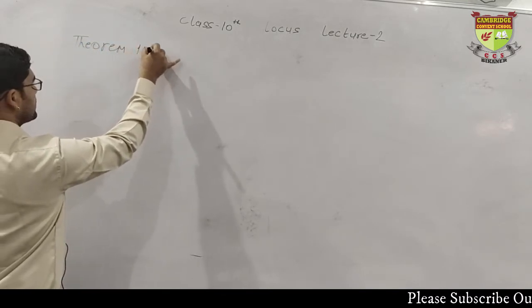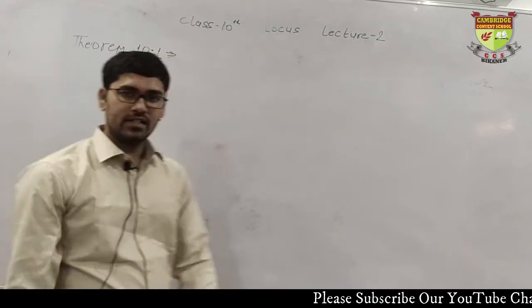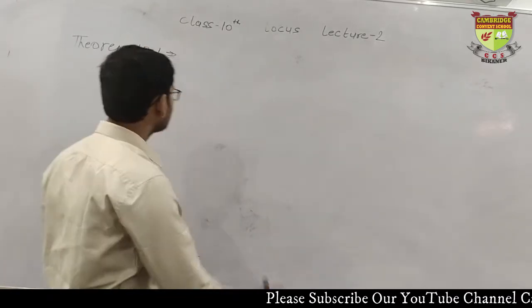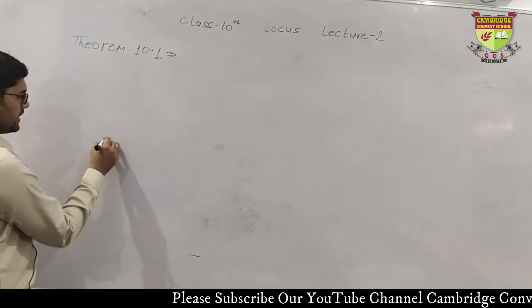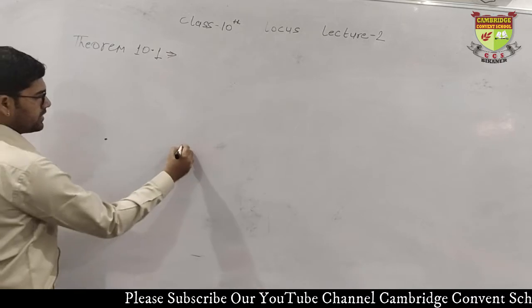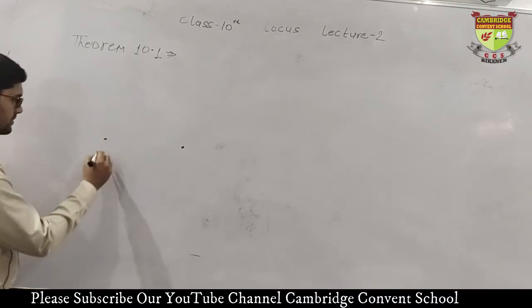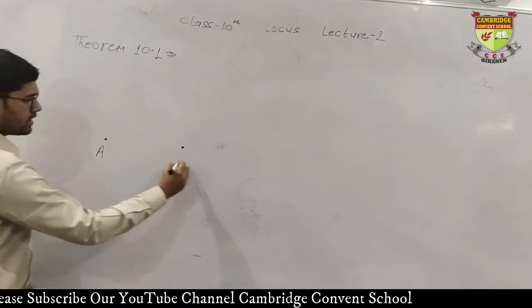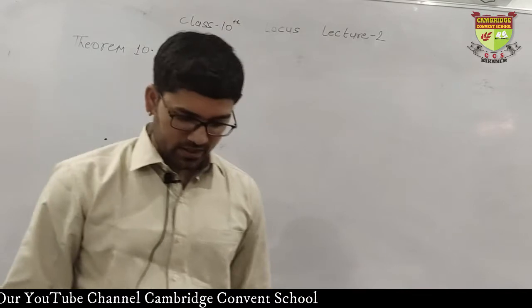So it says there are two given points. We are solving theorem 10.1. Take this as the first point and this one as the second point. I am giving them names A and B. What does it say further?